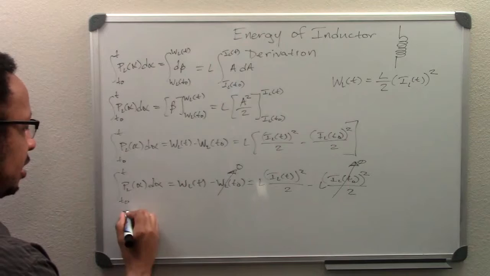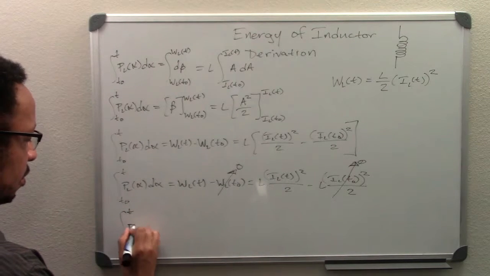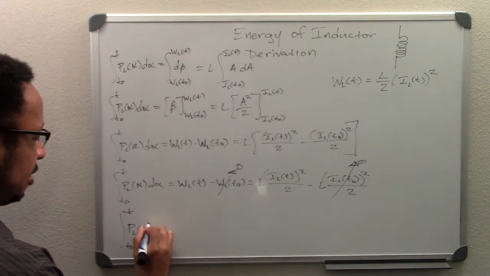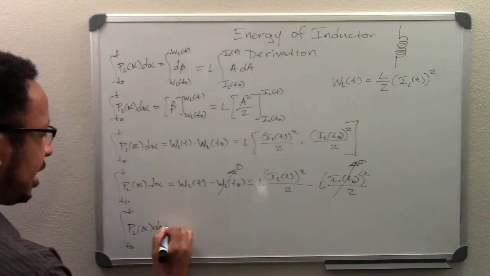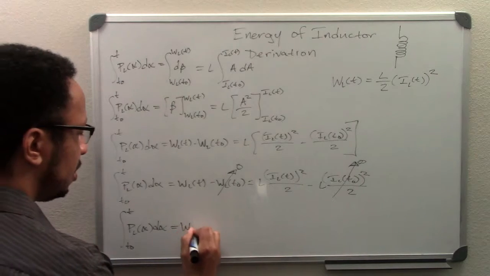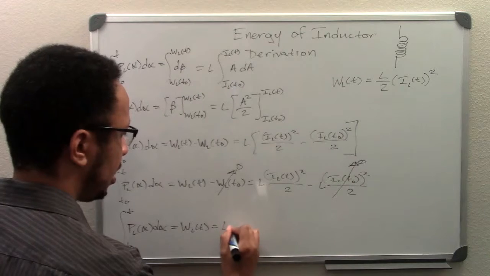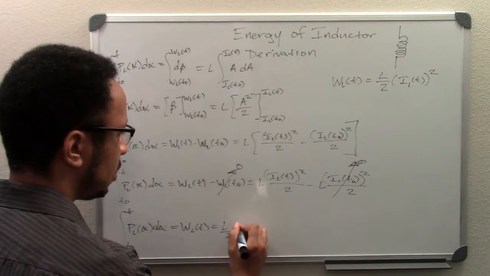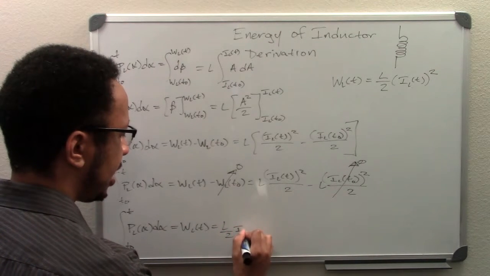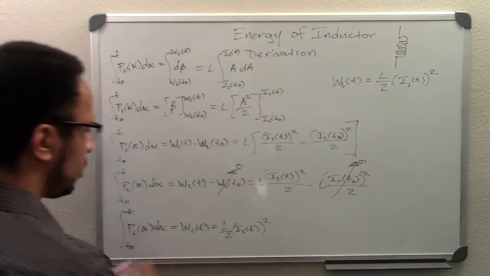So now finally we have, between t and t sub 0, the integral of p_L(alpha) d alpha equals W_L(t), which equals L over 2 times i_L(t) squared.